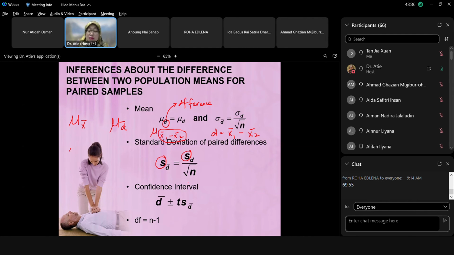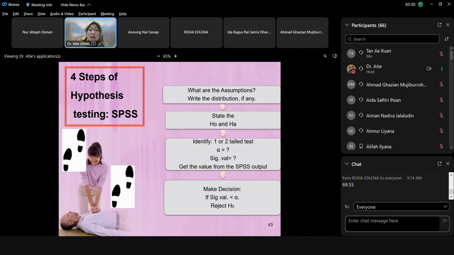The confidence interval is also the same, but the additional thing, as I said, for the t-test, is the value of df, which is n minus 1. So let's try. I will show you how to calculate manually first, and then we will use the steps, just like what we did in one sample using SPSS after this.